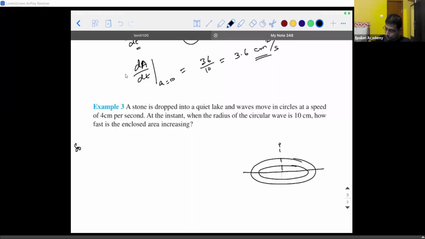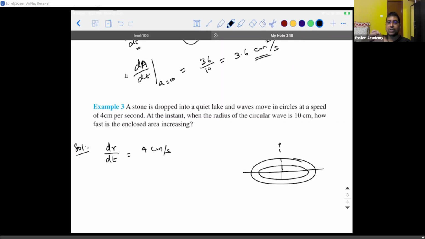Okay, let's try to understand. I'll give you a procedure to solve every kind of problem. So try to break it into chunks. A stone is dropped into a quiet lake and waves move in circles at a speed of how much value? 4 centimeter per second. So dr divided by dt is equal to 4 centimeter per second.